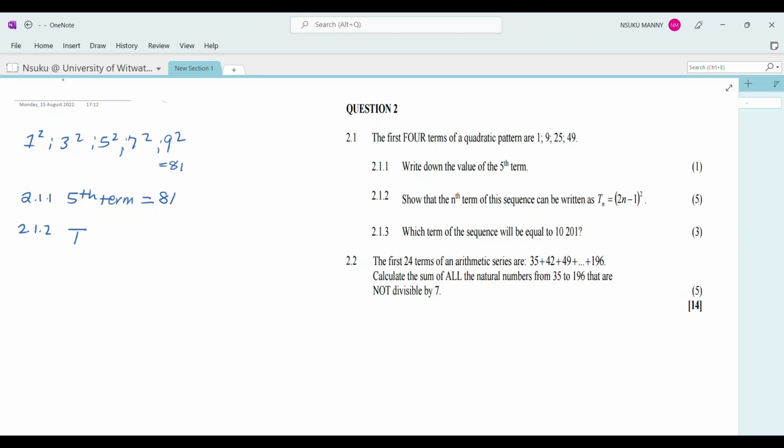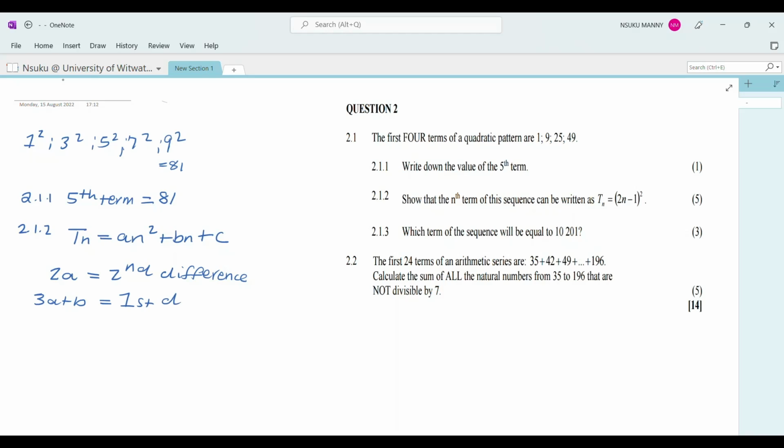So the general formula for a quadratic pattern is an squared plus bn plus c, c being the constant, right? So the first thing that we're going to do, we say 2a is equal to the second difference. Then 3a plus b is equal to the first difference.